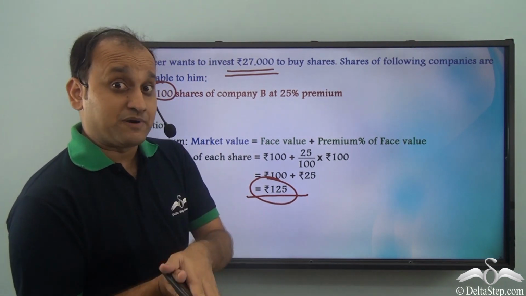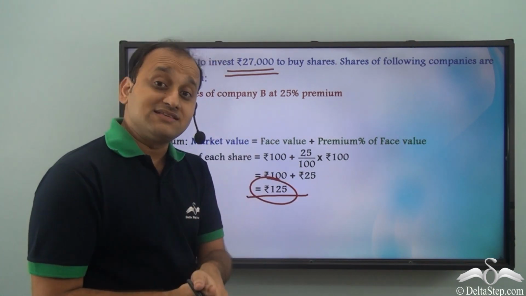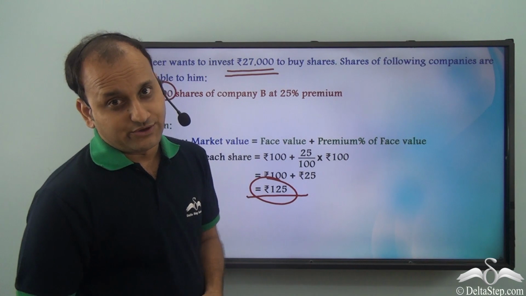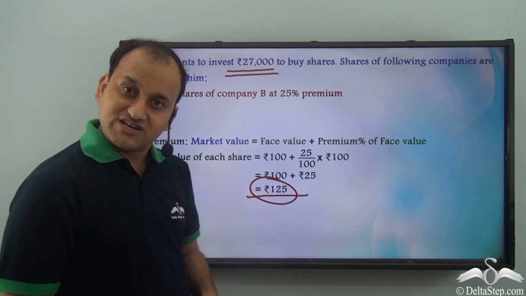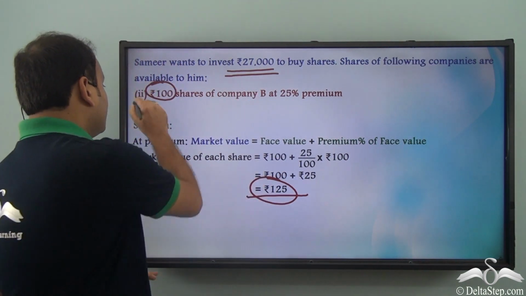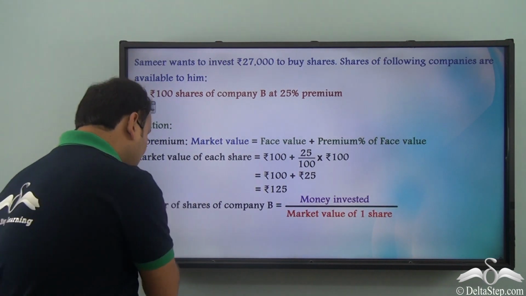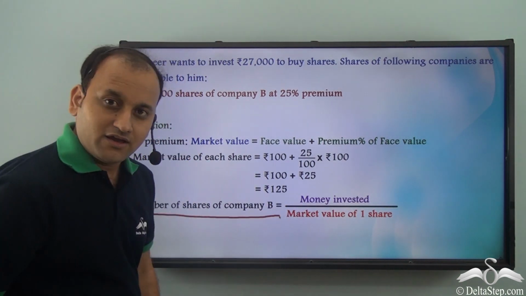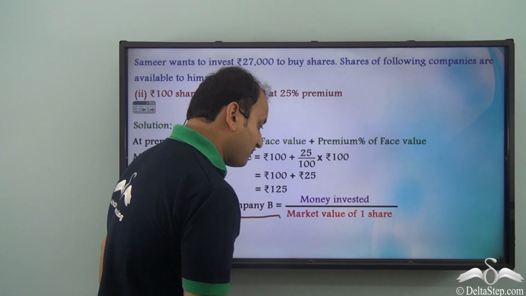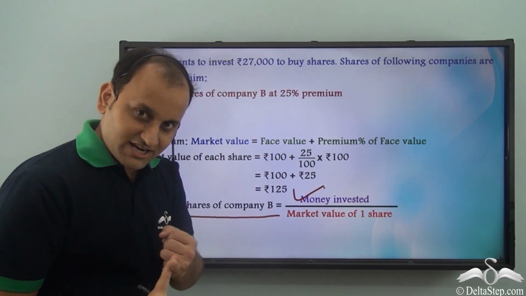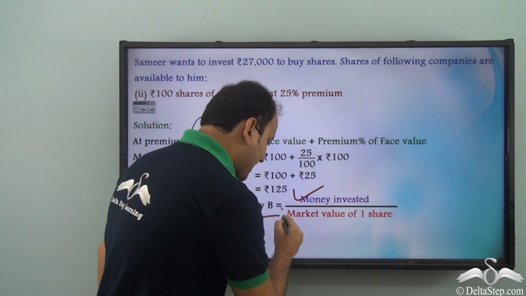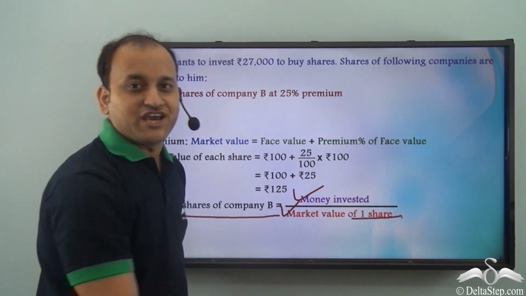Now we are purchasing the share always on the market value. So market value is 125. So if we need to find the number of shares of company B, we will have to use this particular formula. Money invested will be divided by market value of one share.